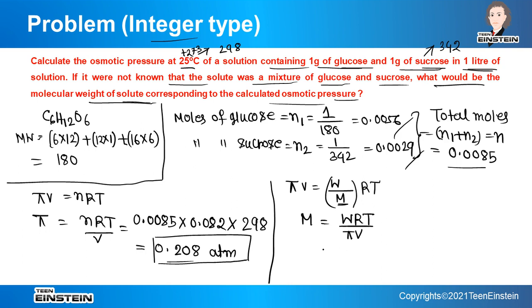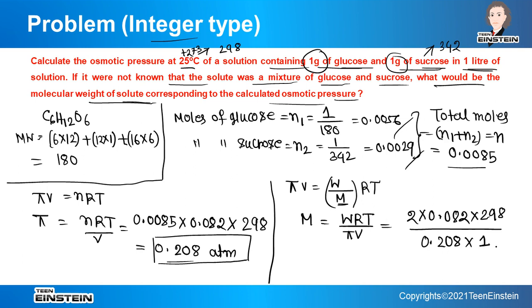V is 1 and pi we have calculated as 0.208, and in place of weight we write 1 gram of glucose plus 1 gram of sucrose, so it will be 2 gram. So 2 into 0.082, same temperature, divided by 0.208 and 1 liter. We directly put liters because the universal gas constant is in liter atmosphere units.